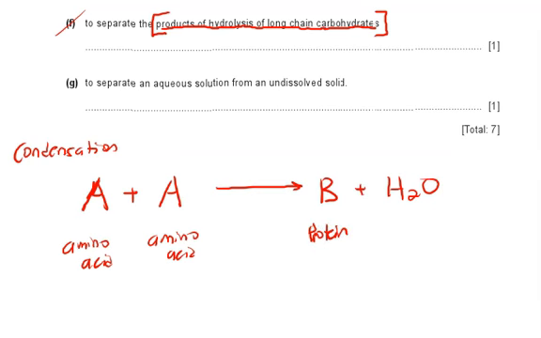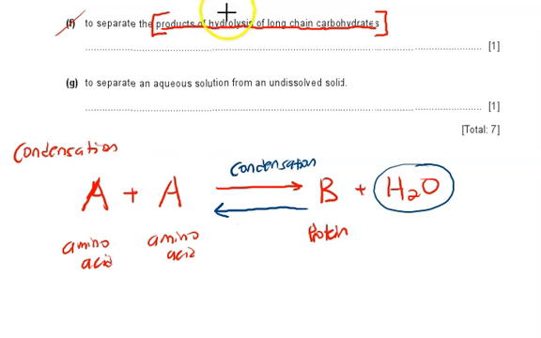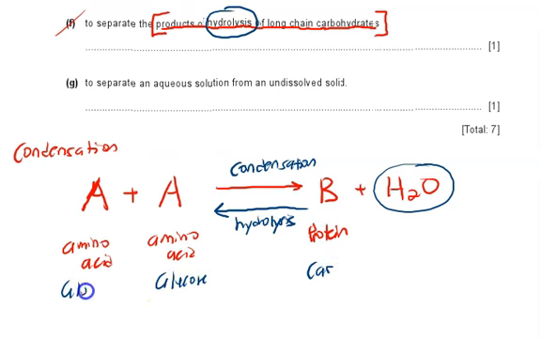So from the reactant to the product, we have a condensation process, where it will remove the water molecule. When you're doing hydrolysis, look at the sentence here, product of hydrolysis. The carbohydrate, here, should be the glucose.